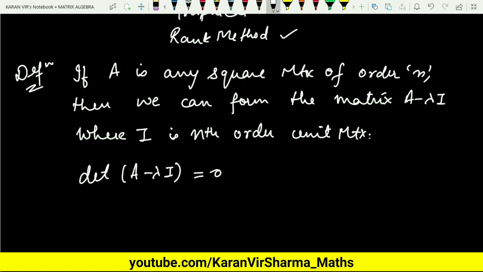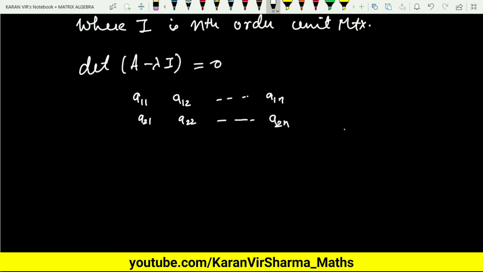So let us see, if we have any n cross n matrix, that is, if we have a11, a12 and so on to a1n, similarly a21, a22 and so on to a2n, and the last row an1, an2 and so on to ann.